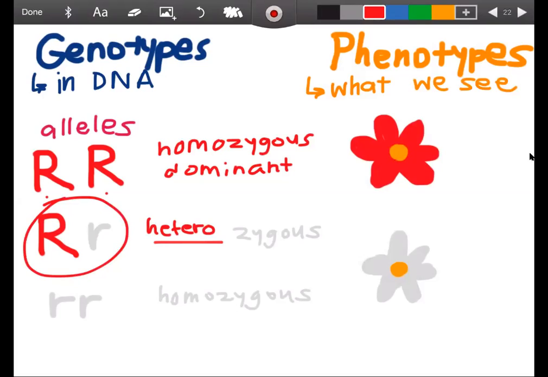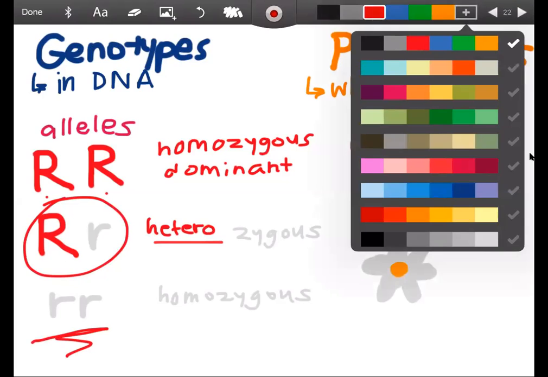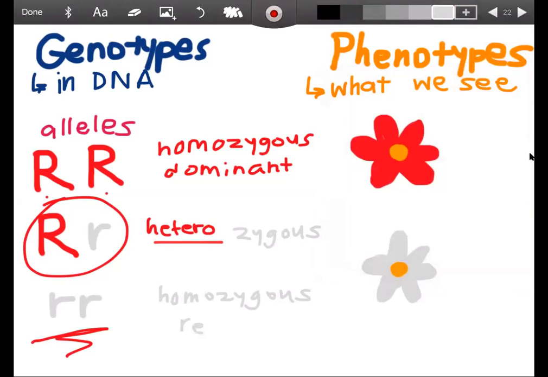So in the last set of alleles, we see that there are two of the same alleles in the capitalization. So they are both the same, they are homozygous, but since they are little r's, they are recessive. So these are homozygous recessive alleles. And these genotypes, like I said before, your genes can essentially determine what type of traits you possess, and the traits that are expressed are what we see.